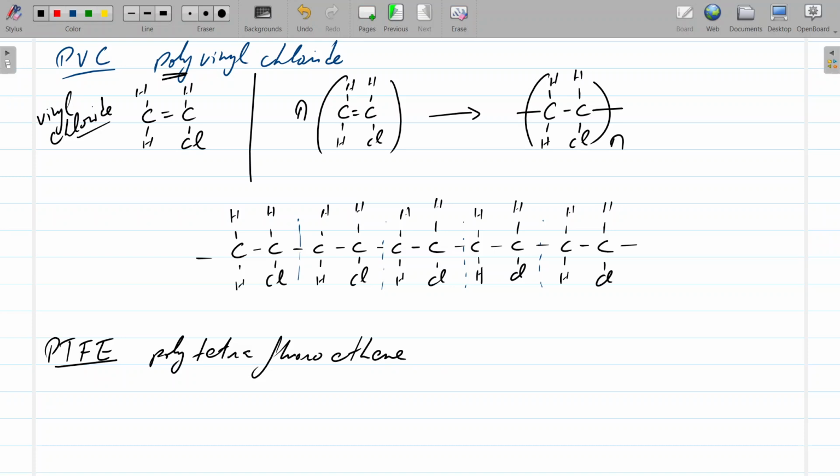So what do you think the molecule is going to look like? It's an ethene. So how many carbons are we going to get? How many carbons will it have? It's an ethene molecule. 2.